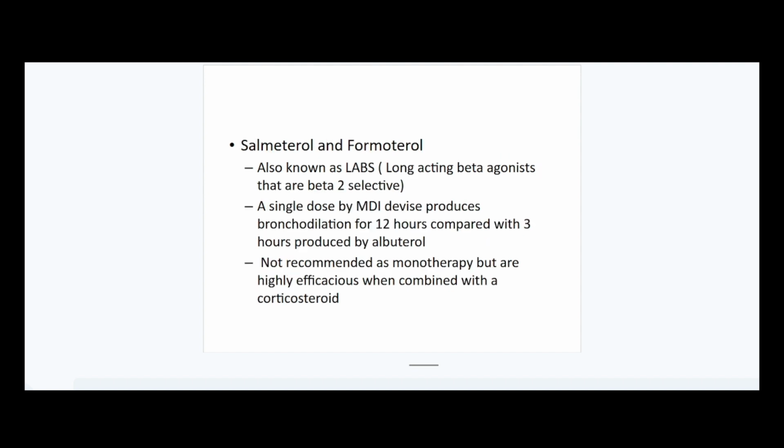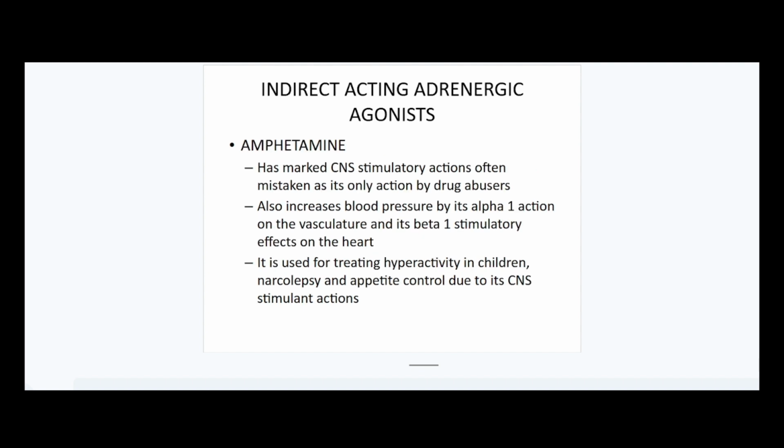We have salmeterol or formoterol. They are the long-acting beta agonists. Don't forget that these are selective, right? They are not really recommended as a monotherapy. They can be used in conjunction with other drugs, such as corticosteroids. They can reduce the inflammation in patients with asthma or COPD, which is chronic obstructive pulmonary disease.